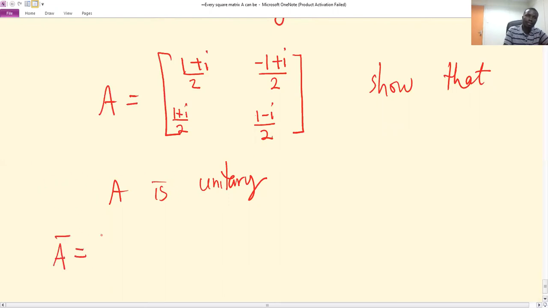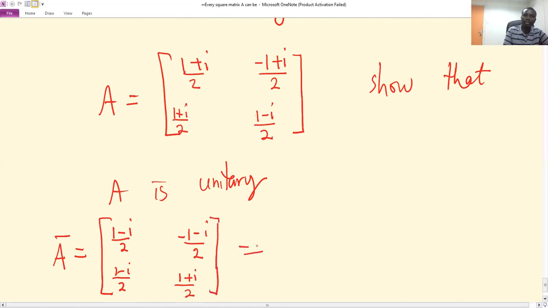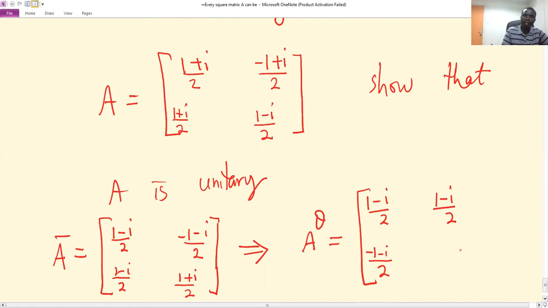The first thing you have to do is get the conjugate, which will be 1 minus i over 2, minus 1 minus i over 2, 1 minus i over 2, 1 plus i over 2, which shows that the A power theta is the transpose of this, which is 1 minus i over 2, and then 1 minus i over 2, minus 1 minus i over 2, and then 1 plus i over 2.